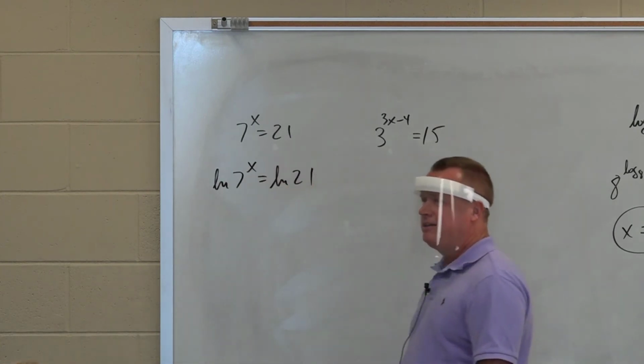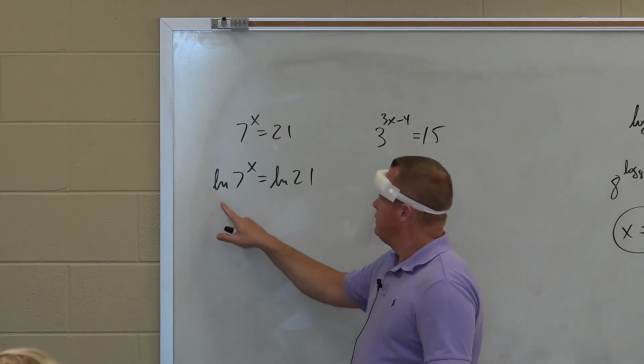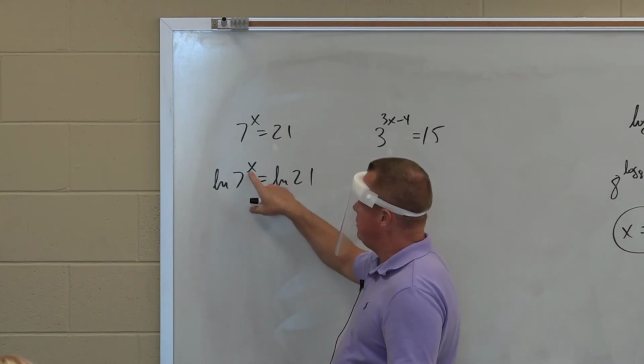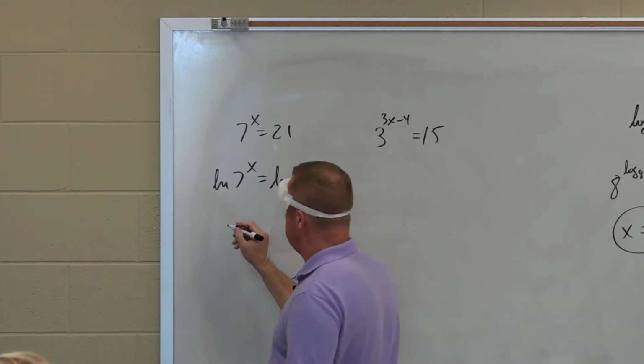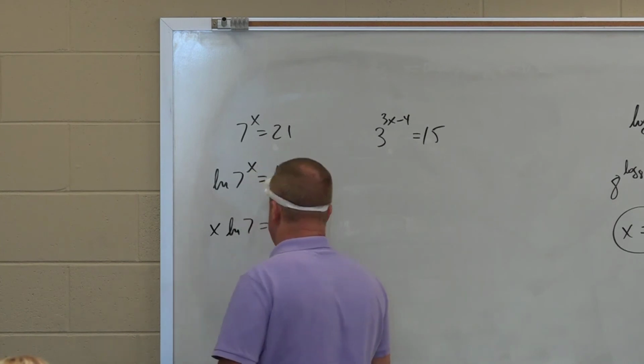Any exponential, you take the ln of both sides, that usually works pretty well. All right, here, if you have an ln of something to a power, remember you move that power down in the front. So I have x ln 7 equals ln 21.